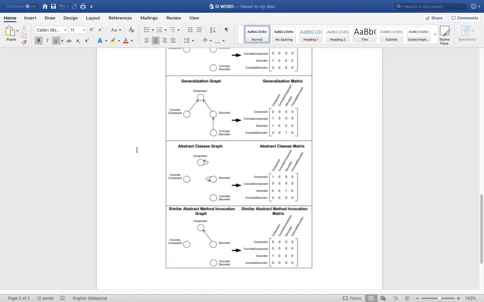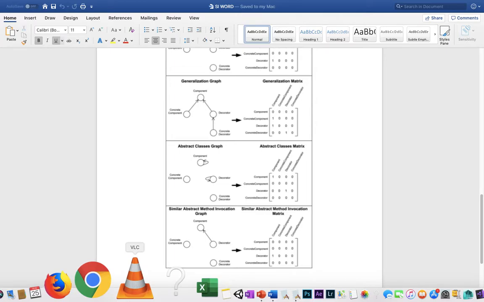Okay, based on this, there are two advantages of this approach. One, the matrix can be easily manipulated. Number two, this kind of representation is intuitively appealing to engineers and computer scientists.